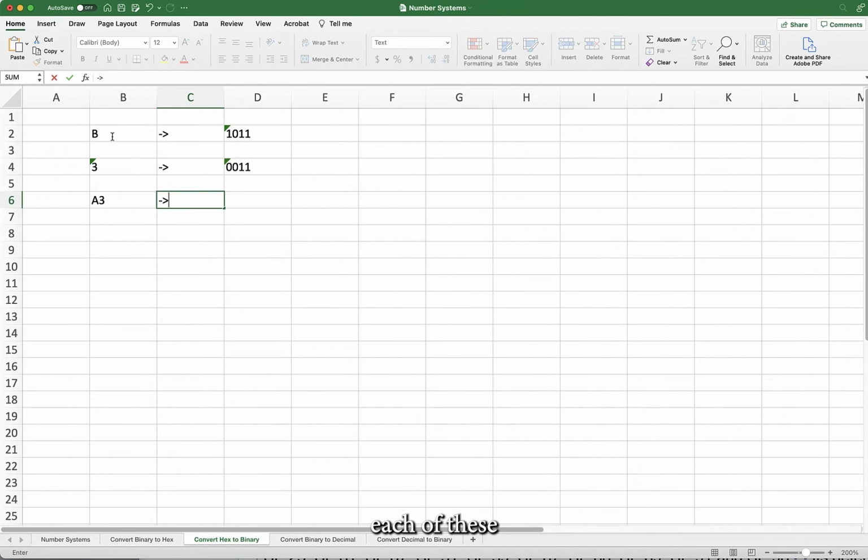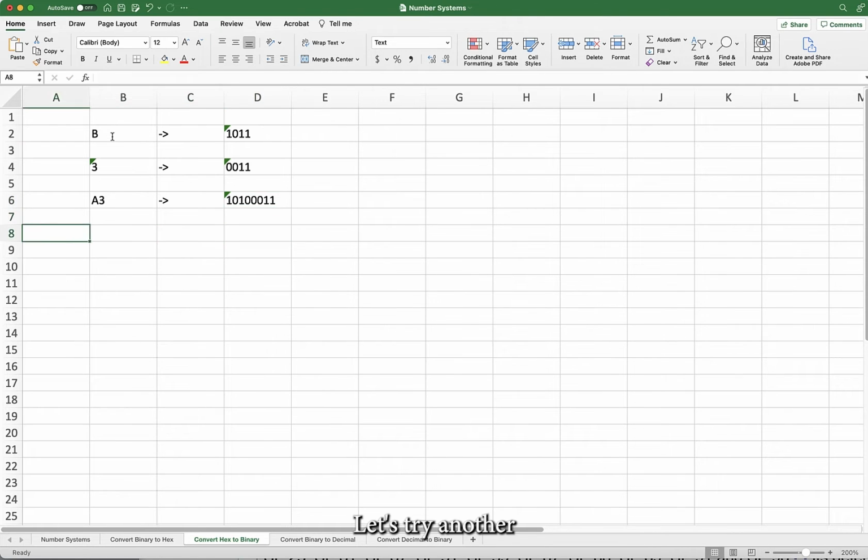Now if we went to 2 digits, like A3, I'm going to take a look at each of these going from left to right, and I'm going to say, well, A is 10, A is 1010, and 3 is 0011. Let's try another. Let's do 6B.